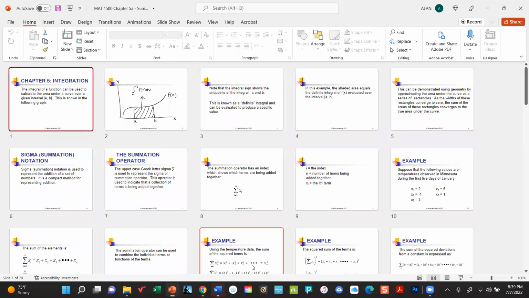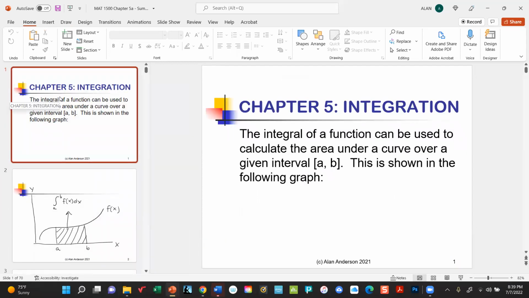And so let's take a look at this. So basically, the integral of a function can be used to calculate the area under a curve over a given interval AB, a given closed interval, I should say. And so I've drawn a little sketch. And by the way, I do want to mention something here.